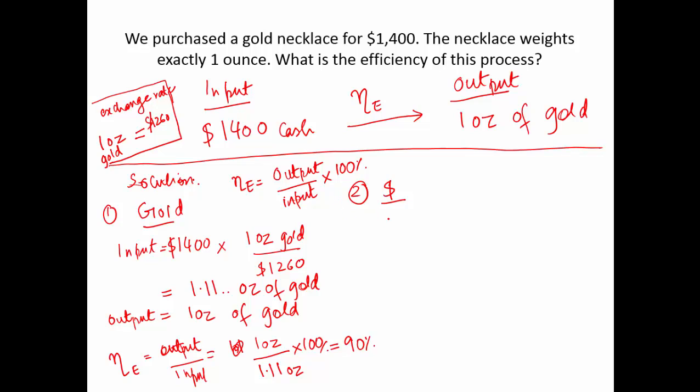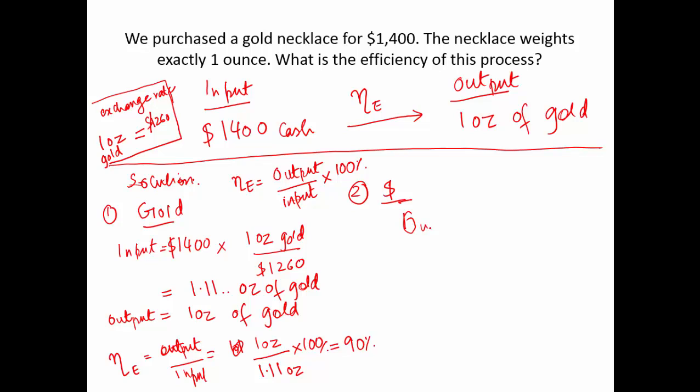So let's repeat this example. If you are looking at dollars, we have to convert everything into money units. So let's look at this example. Our input is already in money. Our output is in units of gold. So we have to convert our output into money.